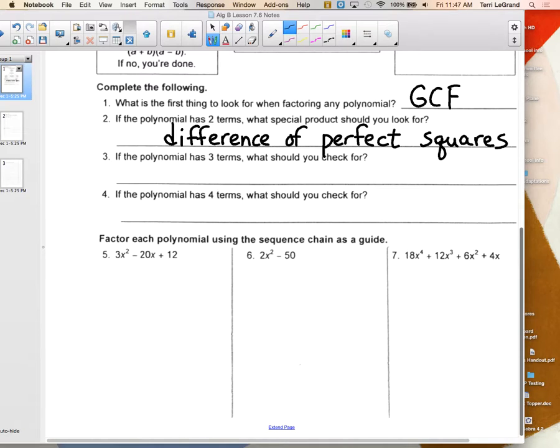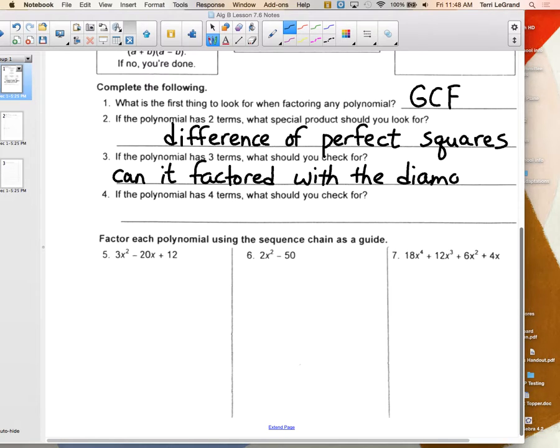If the polynomial has 3 terms, what should you check for? Can you use the diamond method? Yeah, can you factor it into 2 binomials? So what we're going to say is, because of the way that we learned how to actually factor these, can it be factored with the diamond method?